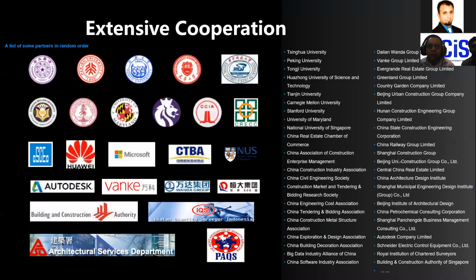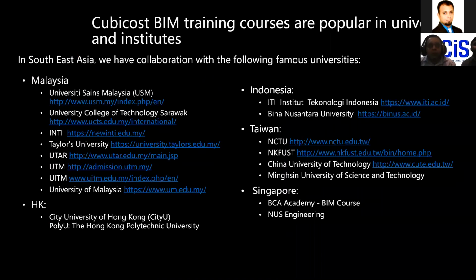These are an extensive cooperation list with the universities. We have a lot of universities included, then the construction industry partners. I have gone through that. We have CubiCost training courses in popular universities and institutes. In Malaysia, we have University Science Malaysia, University College of Technology Sarawak, then Taylor University; all the universities in Malaysia are using CubiCost.